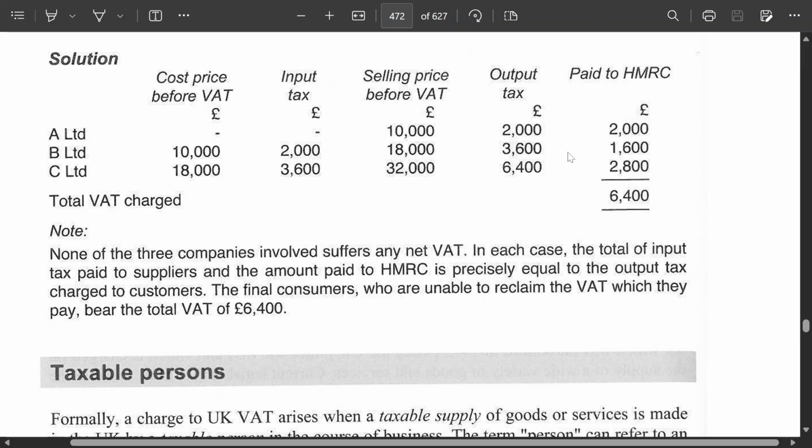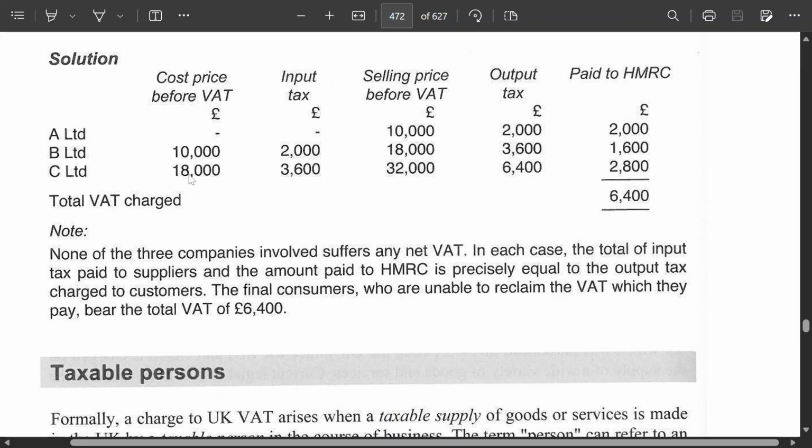The 3.6 he collects from C, so it's not coming out of his pocket. The 2,000 did come out of his pocket, but when he collects the 3.6, he recovers the 2,000, because to the government he's only going to send 1.6. So the 2,000 he had to pay out of his pocket to A, he's going to get it back by holding back 2,000. That's your input tax credit.